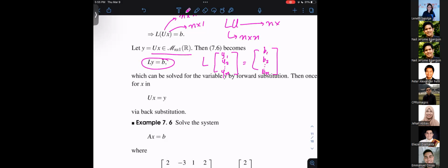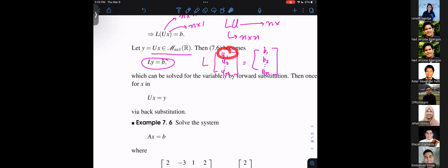Now, the nice thing about this is that the matrix L is lower triangular. If it's a lower triangular matrix, then you can do forward substitution, right? No need for matrix inversion, which I keep on telling you over and over again, is a very expensive and a very numerically unstable process, right? So you only need to do forward substitution.